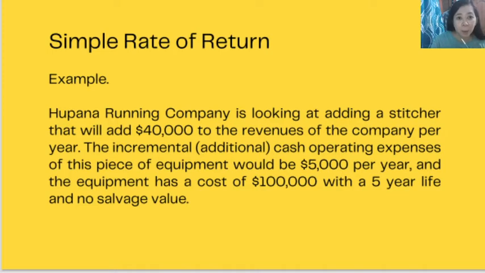So, in other words, the company here is considering an investment in this equipment, which is the stitcher. So, the amount of investment needed for this equipment is $100,000. And for every year of using this equipment, the company will incur operating expense of 5,000 per year.